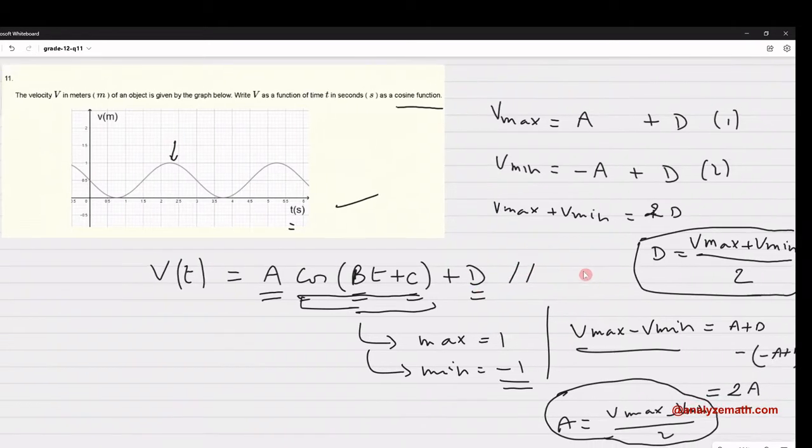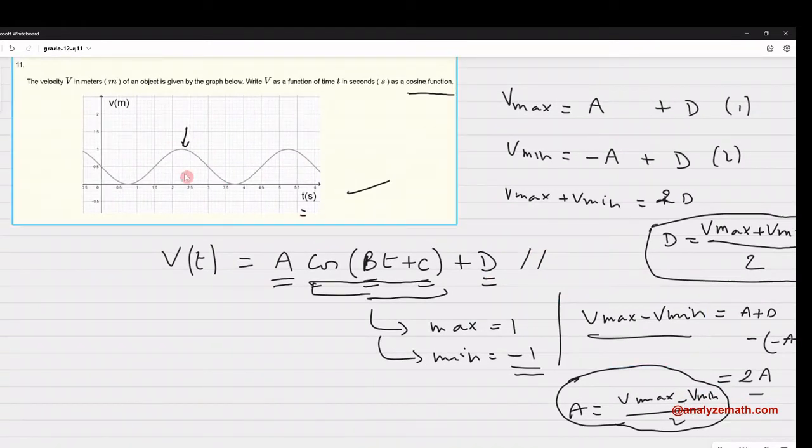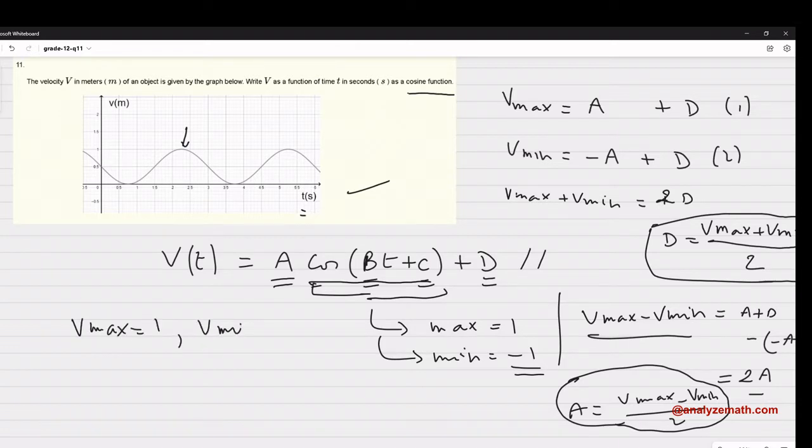Now Vmax is equal to 1. This is the maximum value. So we go here now. We say Vmax is equal to 1. Vmin, the minimum value of v, is what? Is 0. Okay, good. So d we said equal to what?